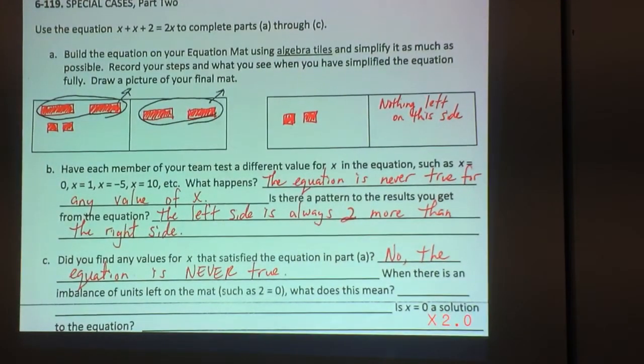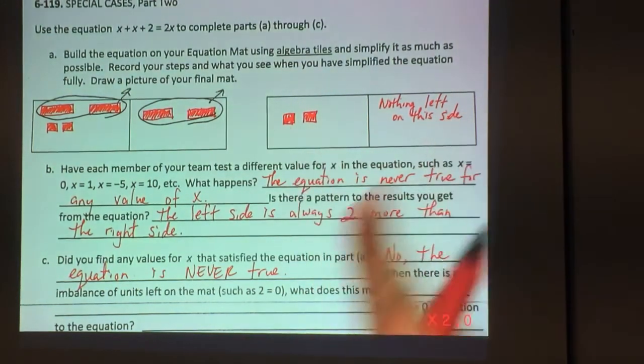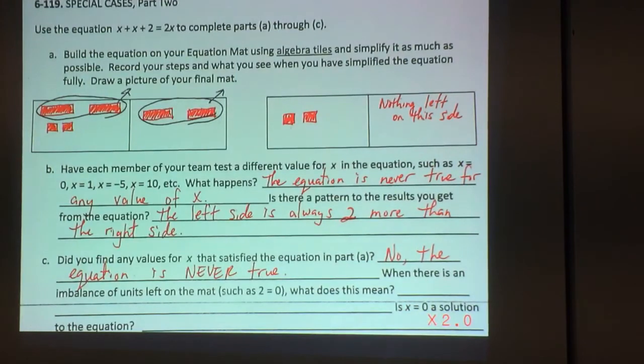When there is an imbalance, meaning it's not going to be equal on the left and the right, when there is an imbalance of units left on the mat, such as that 2 over there and the 0 over there, what does that mean? Does that mean there's going to be one answer? Does that mean that there's not going to be any answer? Or does that mean that there's going to be infinite number of answers?